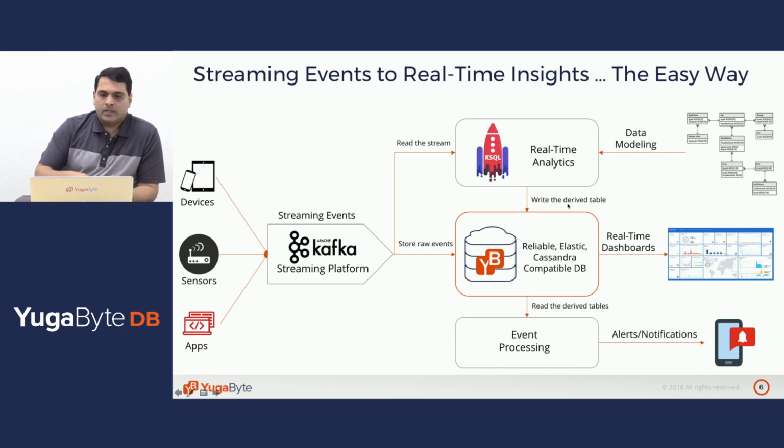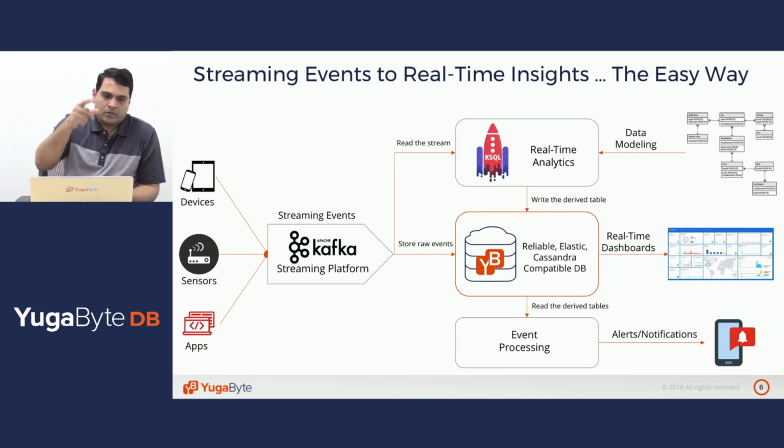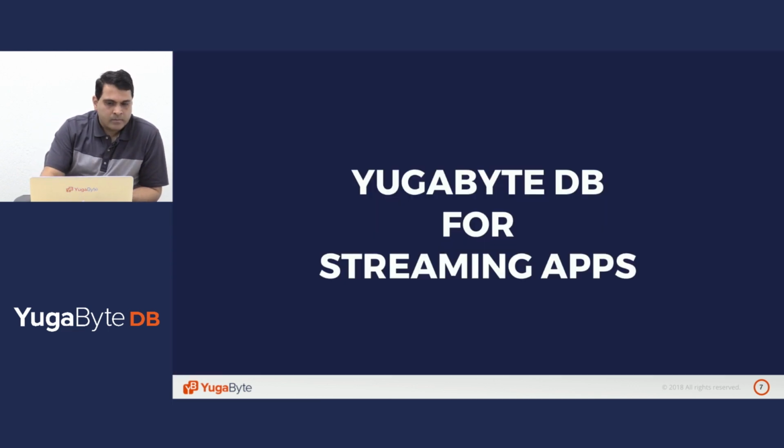And there is other event processing or alert notifications that can be done on top of that derived data and also displayed in real-time dashboards so that users know what information is out there that they can use, with the whole platform end-to-end providing them insights into how the sensors and devices and other apps are performing.